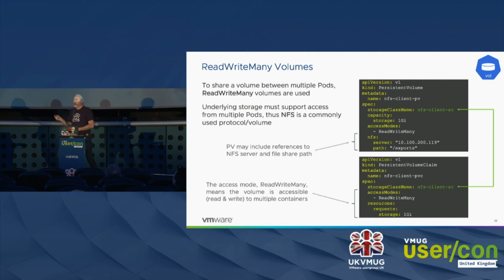So what we have here is a persistent volume and a persistent volume claim, which are tied to each other with a storage class label. So this storage class doesn't actually exist. It simply ties the persistent volume to the persistent volume claim. So any pod that uses this persistent volume claim will be able to mount that NFS server mount point into it. So just that distinction between read-write once and read-write many.